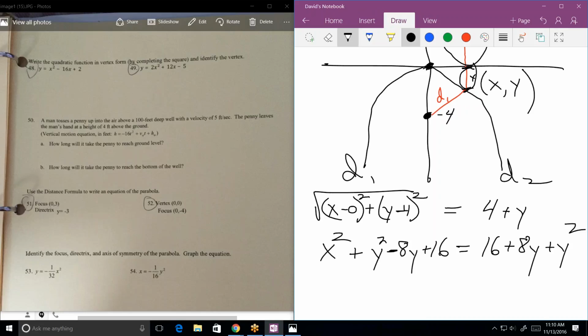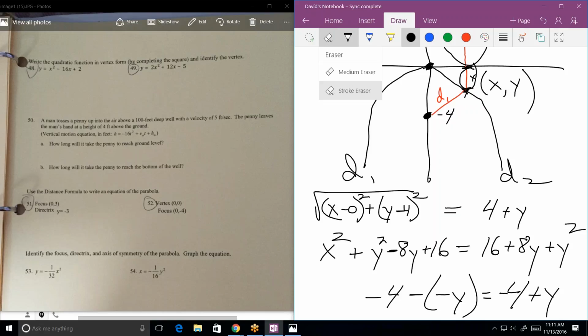In other words, the distance between this point that I've called xy and this focus is clearly not y plus 4, because y is negative. So if anything, it's minus 4 minus the minus y. See what I'm doing? Which gives you minus 4 plus y, which gives you y minus 4. So that's why that distance is y minus 4, not y plus 4.